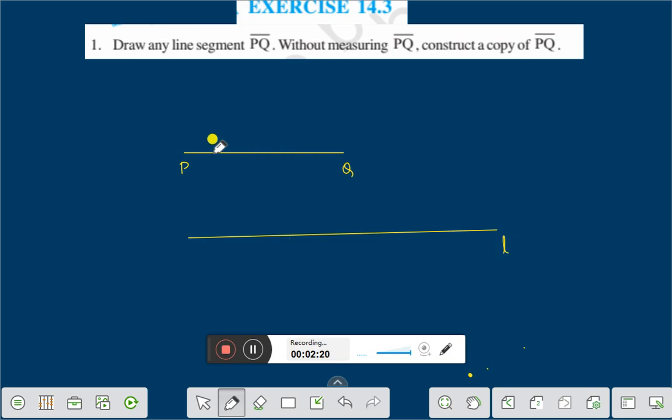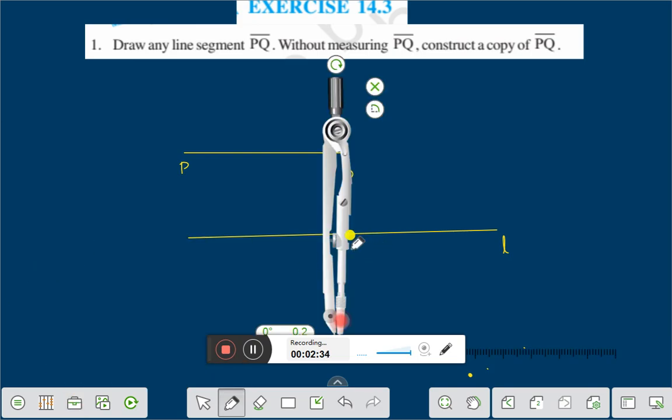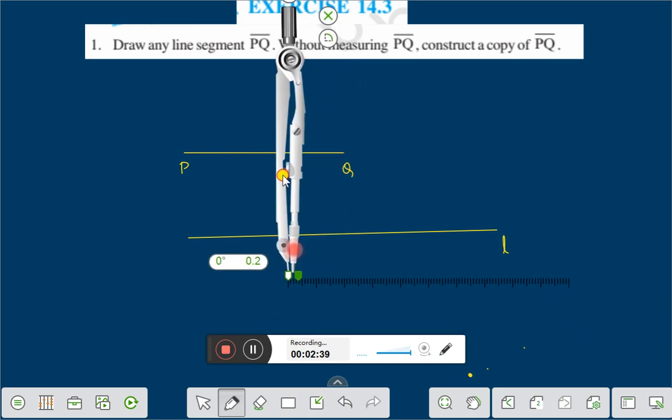Now, without measuring PQ, we have to construct a copy of PQ. That means again we will take the compass. With this compass we will measure the distance.